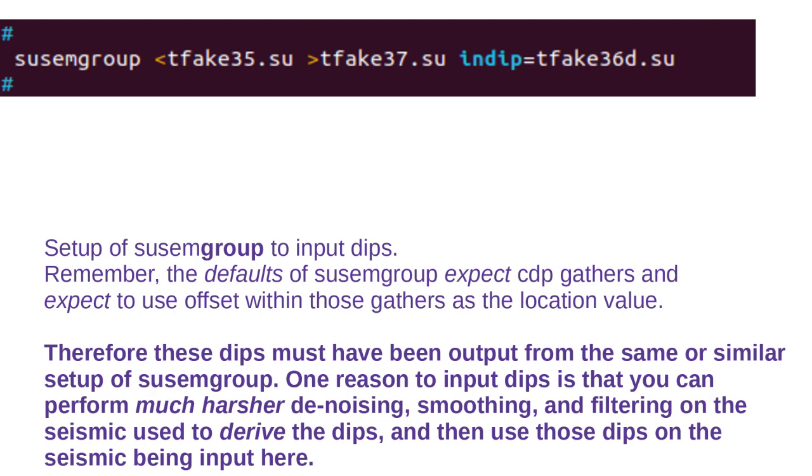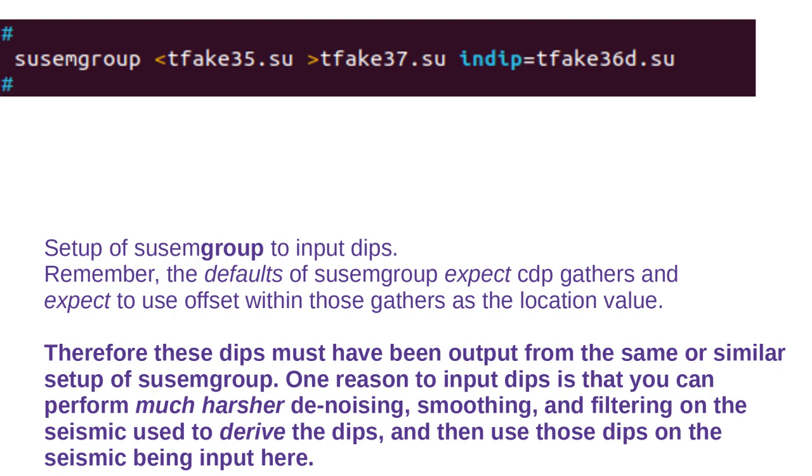Setup of SUSEM group to input dips. These dips usually should originate from a previous run of SUSEM group. The big point here is that you can process the traces to produce these dips differently than the traces that you are to process.